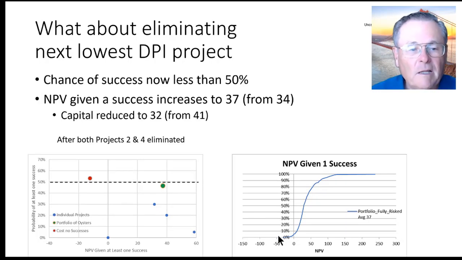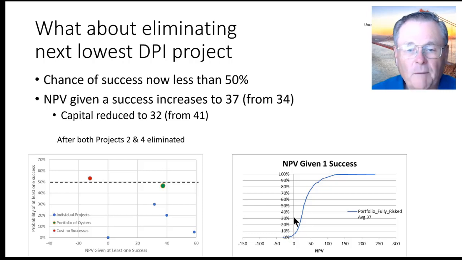So what about eliminating the next lowest DPI project, which is project 4? The chance of success is now less than 50%. You can see it down here. The NPV given success increases, though, to 37 from 34, and the capital is reduced to 32 from 41.